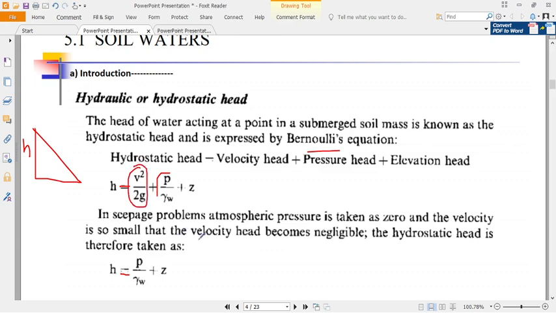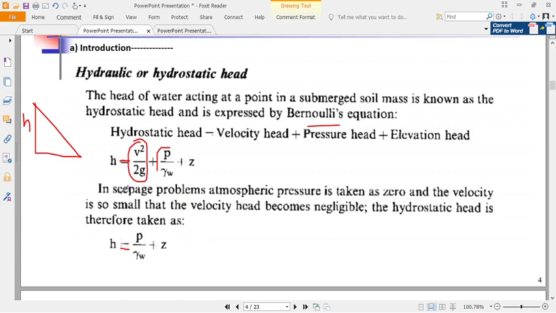Is that okay? And therefore, the hydrostatic head is taken as such. Now, if you remember from fluid mechanics, your Bernoulli's principle, we would get that our head is equal to P over the unit weight, this is pressure, plus the elevation.